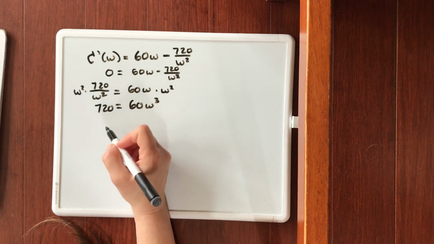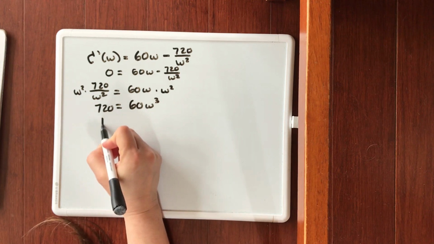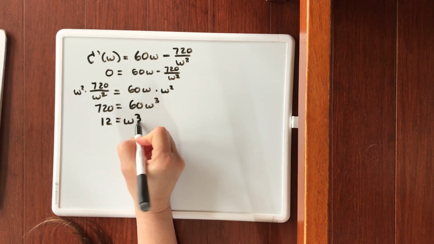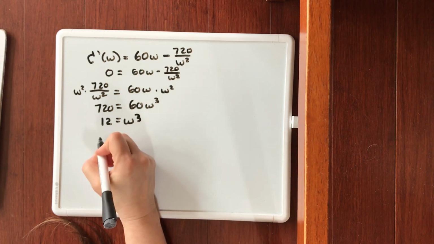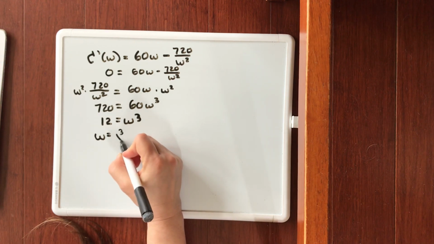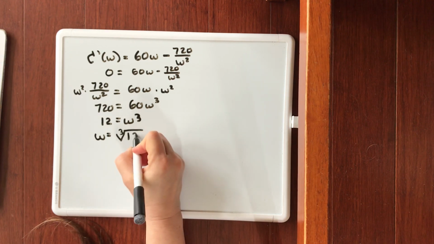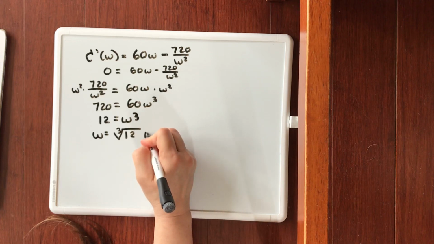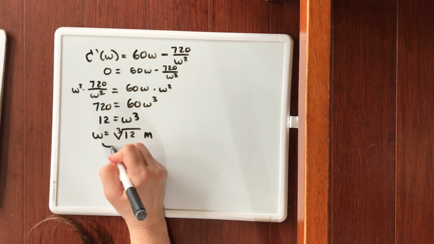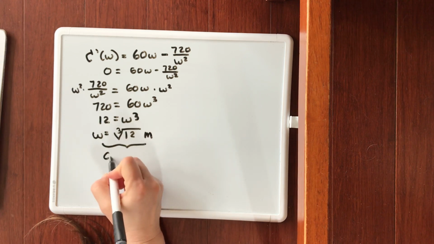So we divide by 60 on both sides, and we get 12 equals W cubed. We're going to take the cube root on both sides, and we get the cube root of 12. And this is in meters. And what do we find? We found that this right here is our critical number.